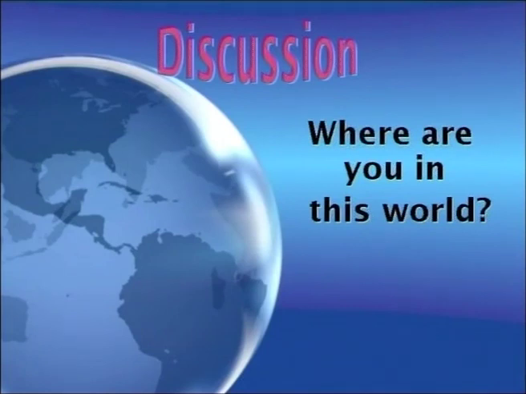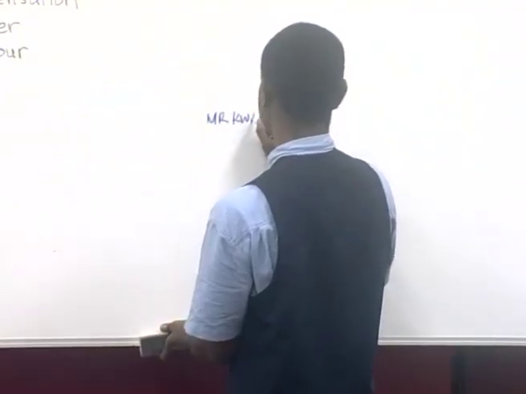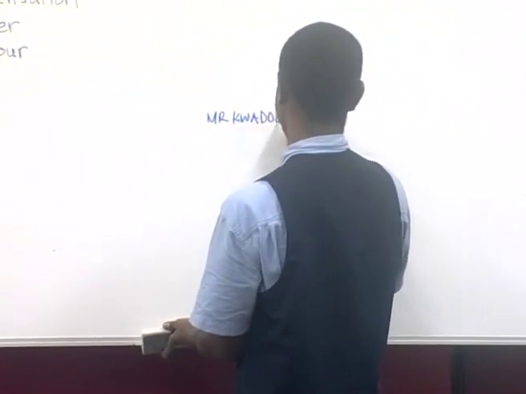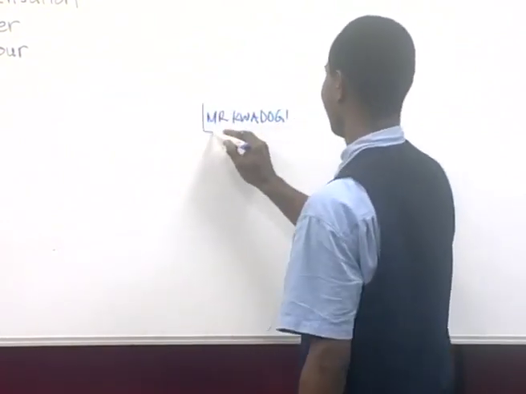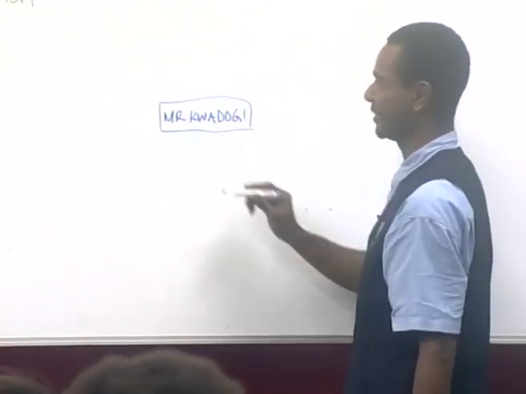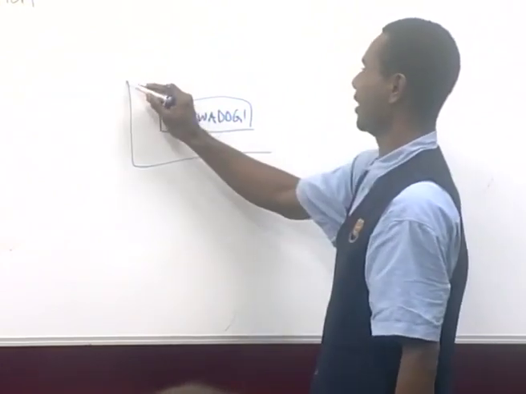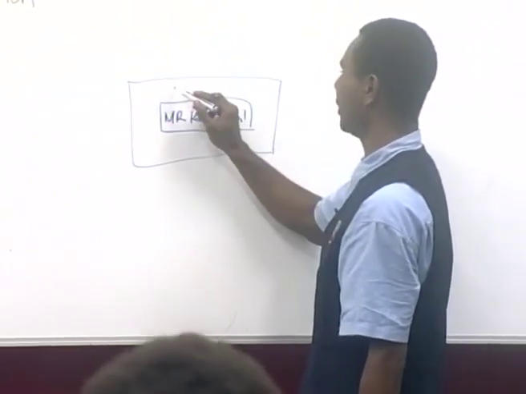Put your hands up if you're not sure of my instruction. Okay, may I have your attention? Your eyes to the front. This is me. I belong to my family.